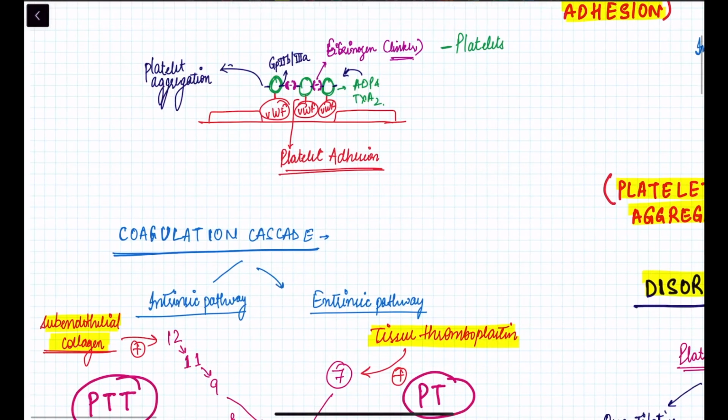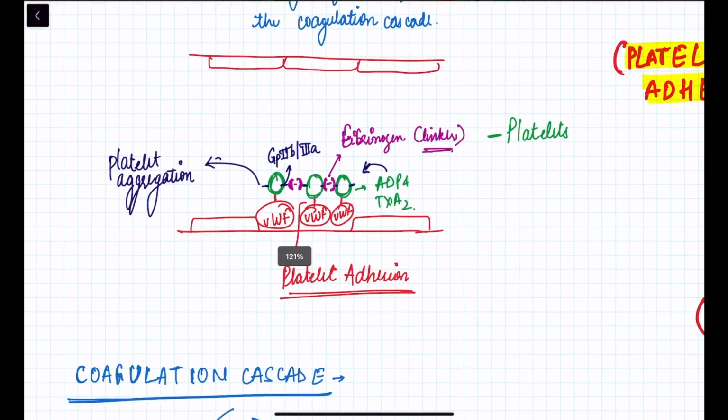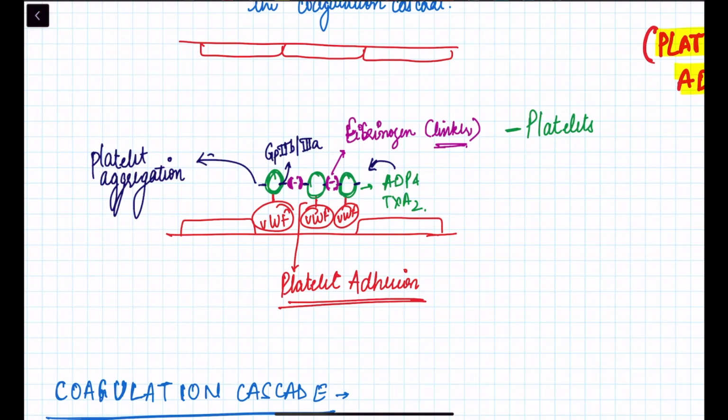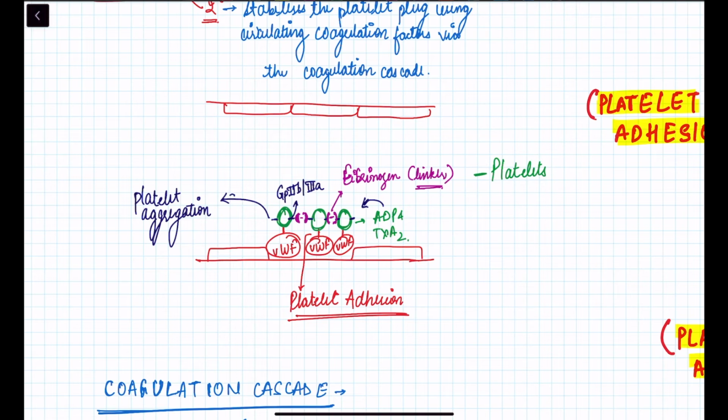So let's see a diagrammatic representation. Let's have this blood vessel. We have an endothelial damage over here, and as the subendothelial collagen is now exposed, von Willebrand factor is released by the adjacent cells, and it binds to the subendothelial collagen.